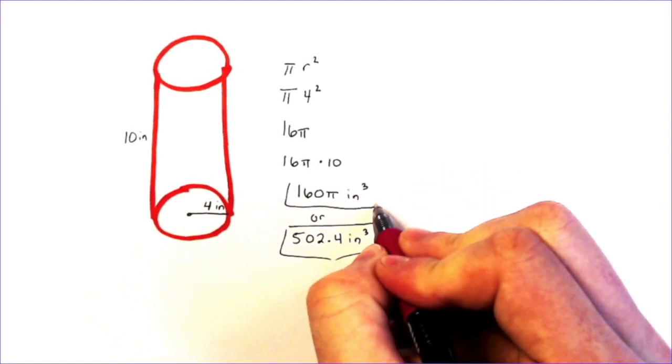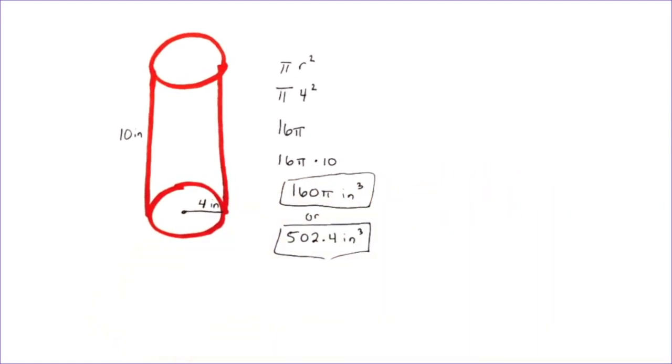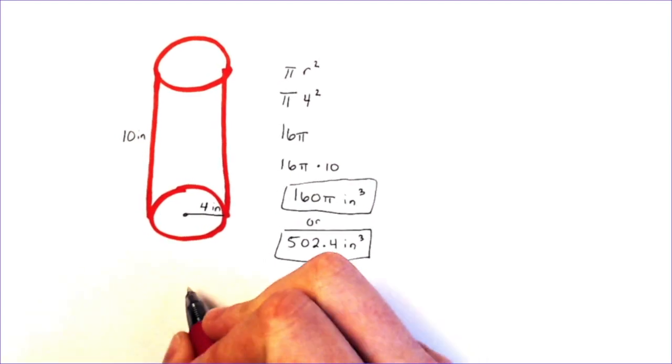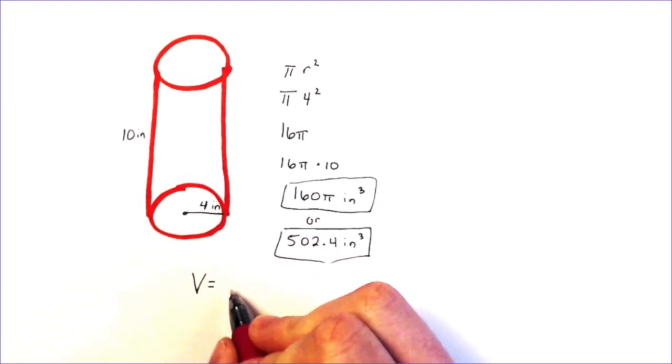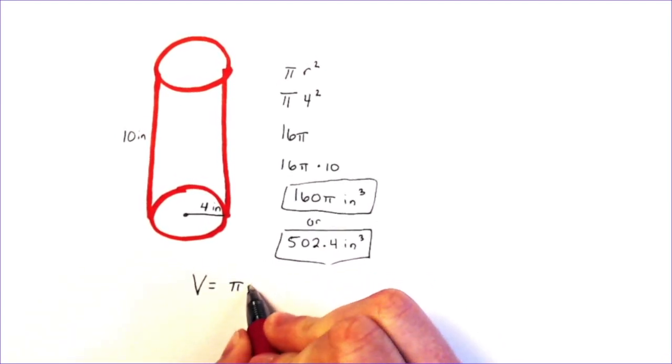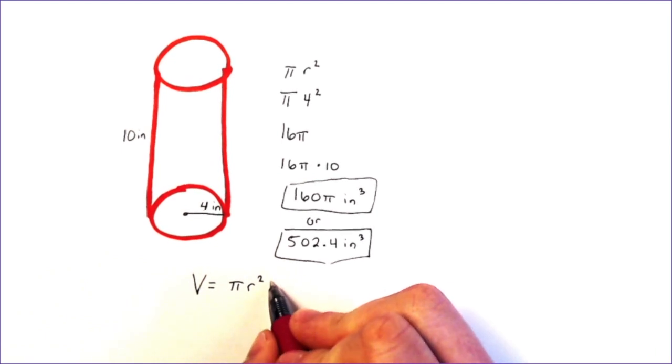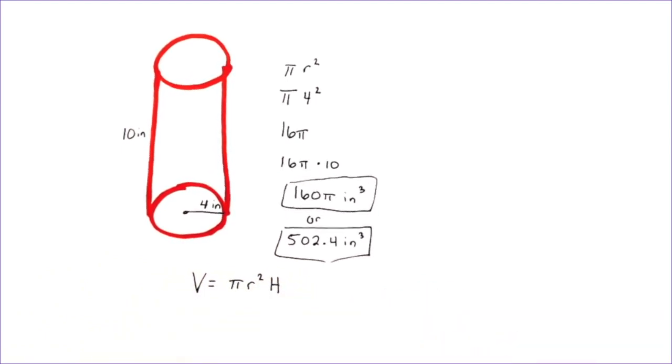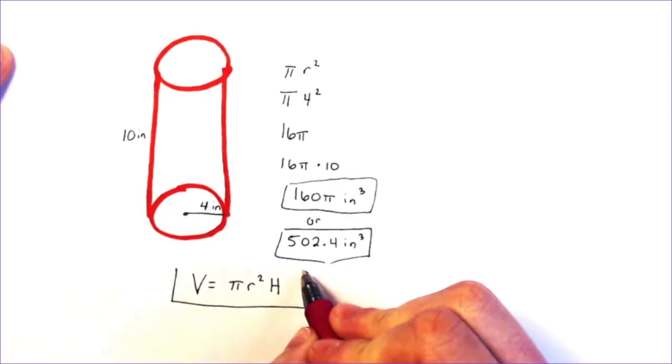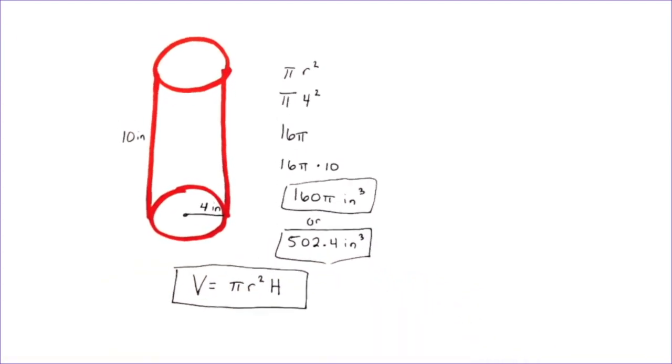Depending on the problem, and depending on if you have a calculator, will determine which format you would need. All right? So that is one volume problem for a cylinder. And a quick volume formula is volume equals pi r squared times the height. So pi r squared h.